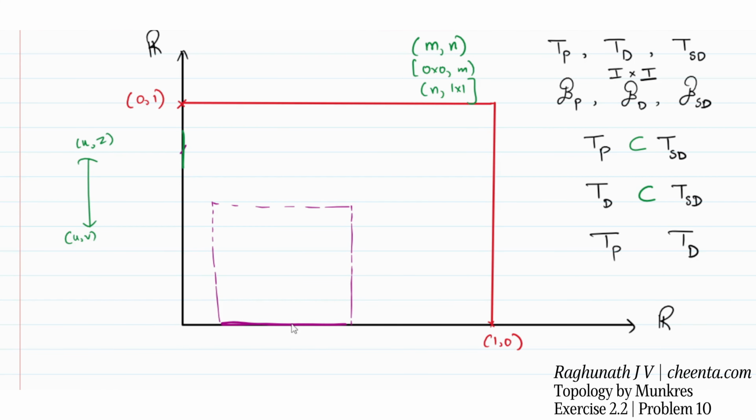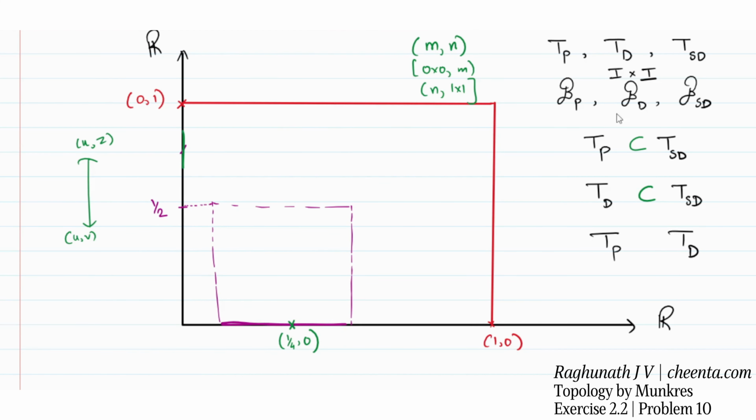And consider this point, say it to be 1 by 4, 0. And let's say the maximum, this y line, to be half.